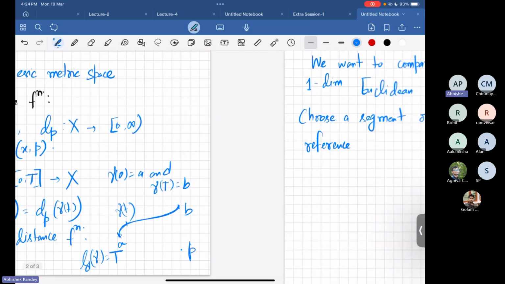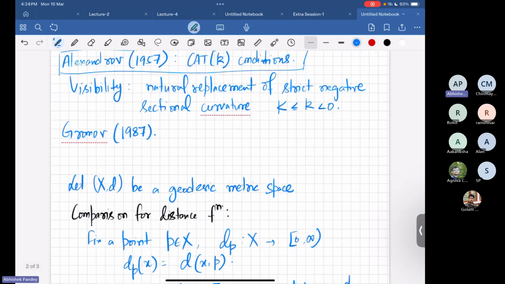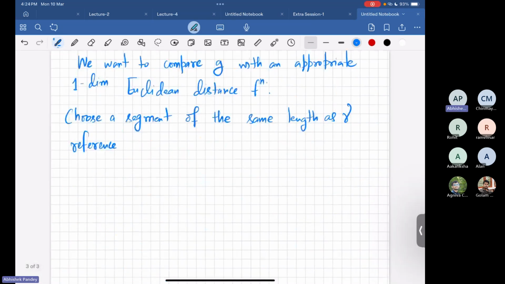So we are going to take a Euclidean line segment of this length t, and for the reference point P, let us say P bar, we are going to choose P bar such that, obviously, we are taking a segment in the Euclidean space.